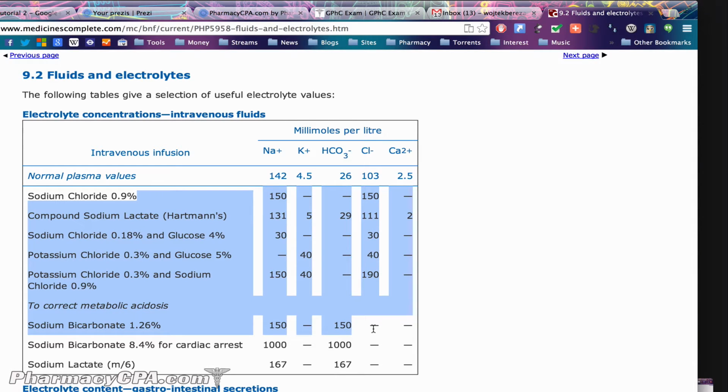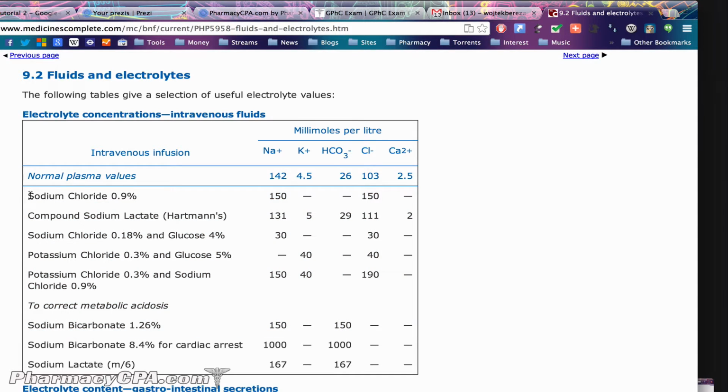What was the question? Could you talk me through how I would do the question? That question on millimoles: how many millimoles per liter of sodium are present in sodium chloride 0.9%, as opposed to normal plasma level?